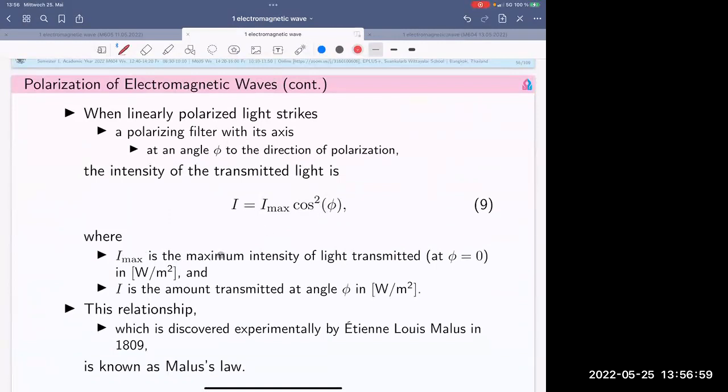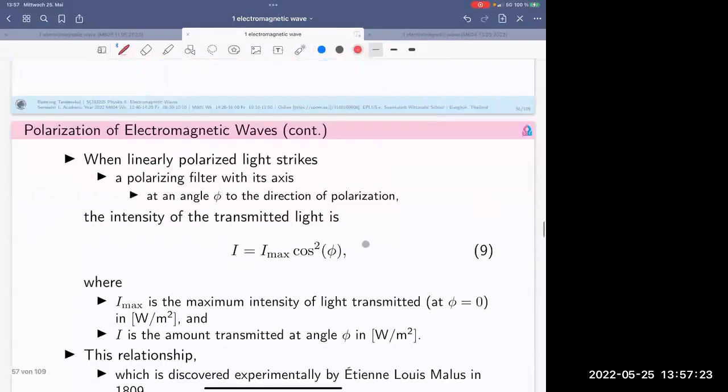I max is the maximum intensity when we move the polarizing axis to be 0 at vertical, and the unit of intensity is watt per square meter. I is the intensity at any angle.